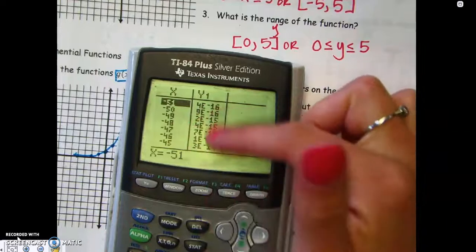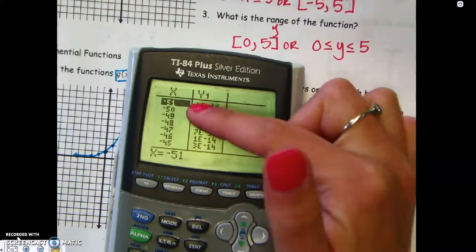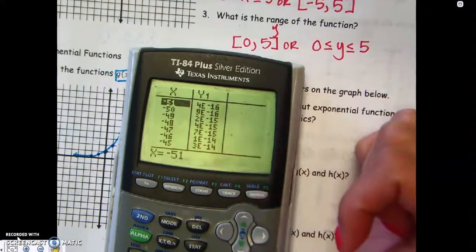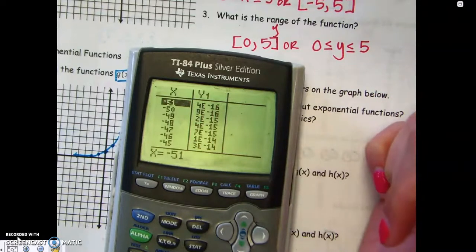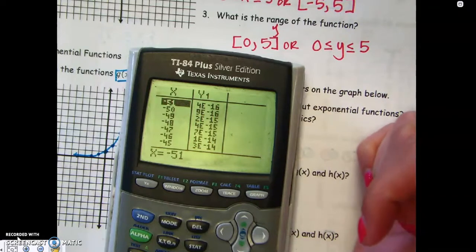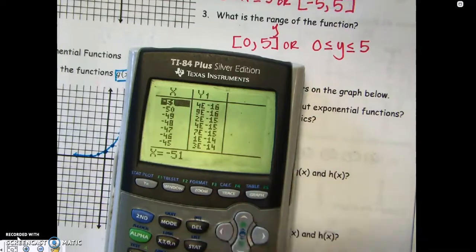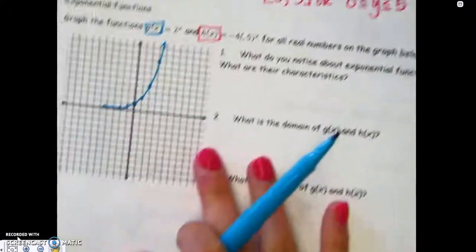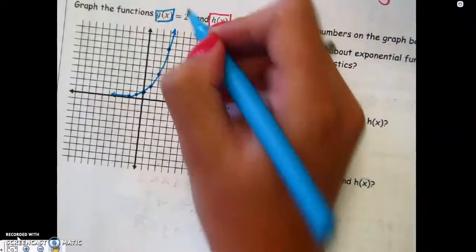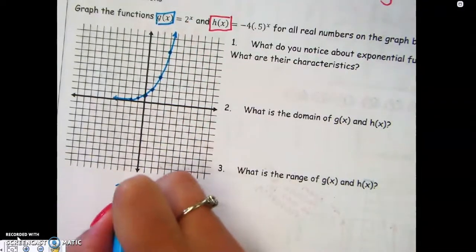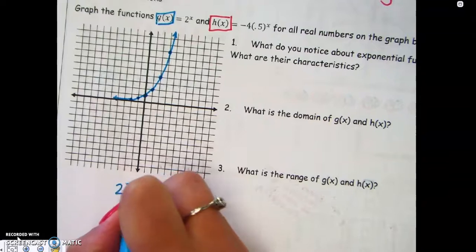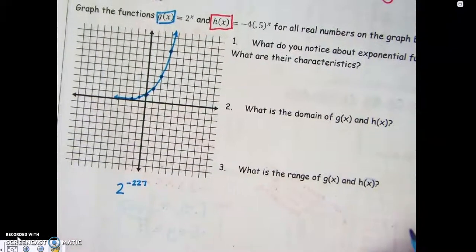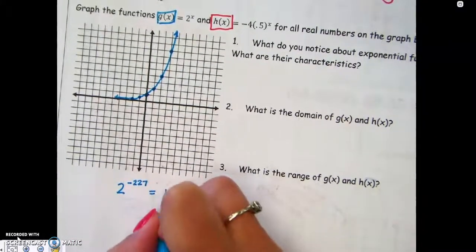This is all scientific notation, which means the number is really, really small, but there are no actual negative numbers. So this graph will never actually go below the x-axis. It doesn't matter what I put in for x. Say I put in 200 or negative 227, I will always get a positive number.